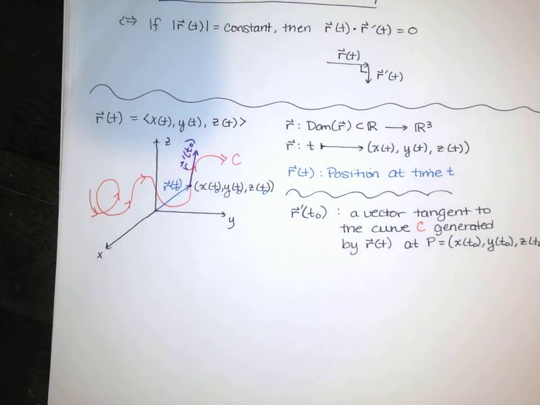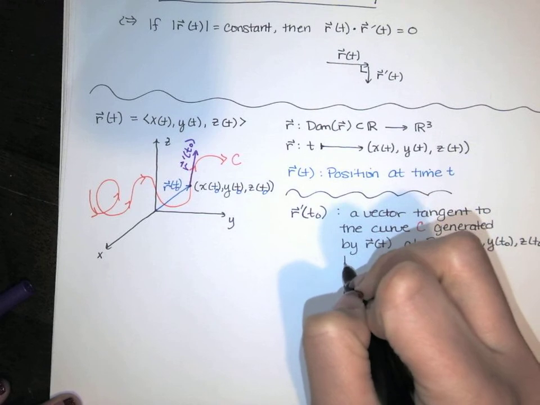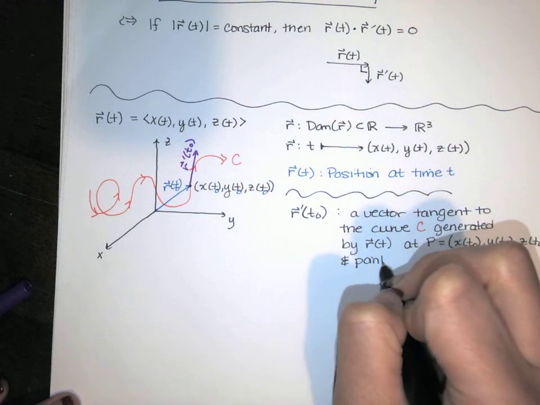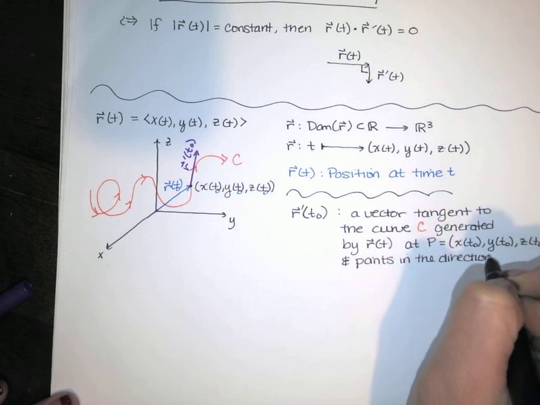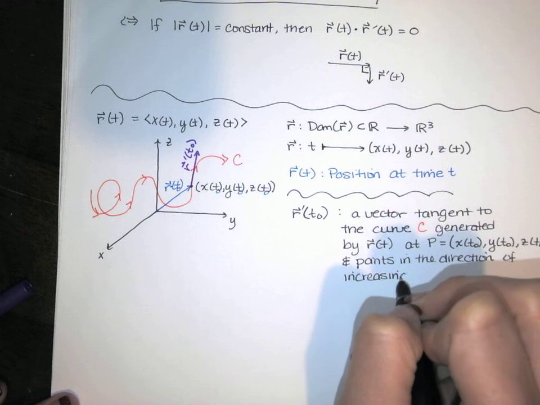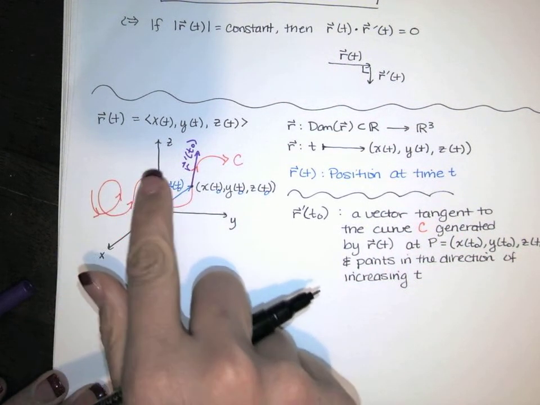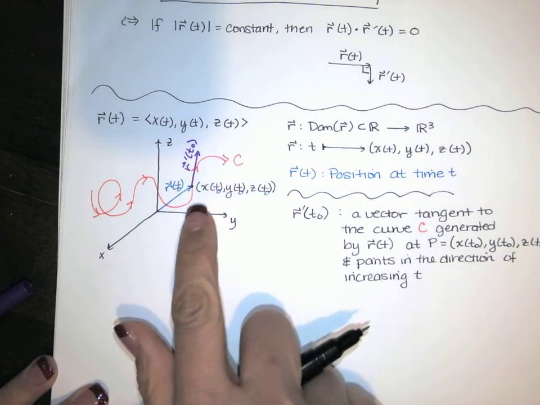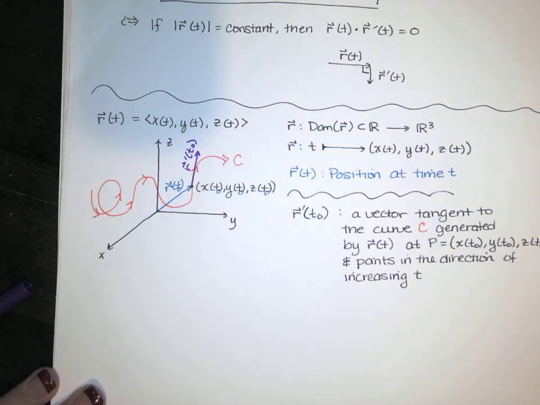It's tangent to the curve, and it points in the direction of increasing t. So if this is r of t naught, and as t increases, we're traveling along this curve, r prime of t naught looks like this, and it tells you which direction that you're going in. It indicates the direction that you're traveling along this curve.